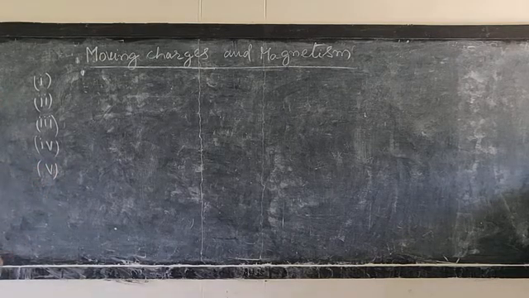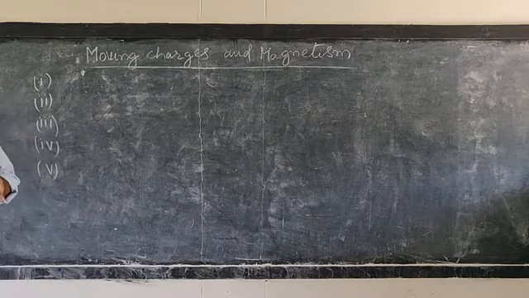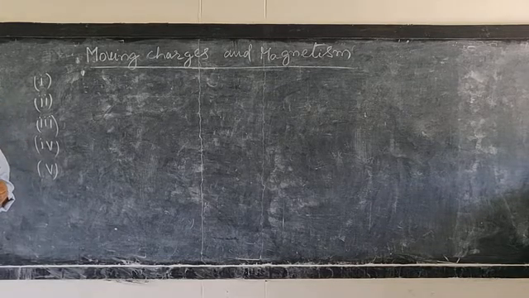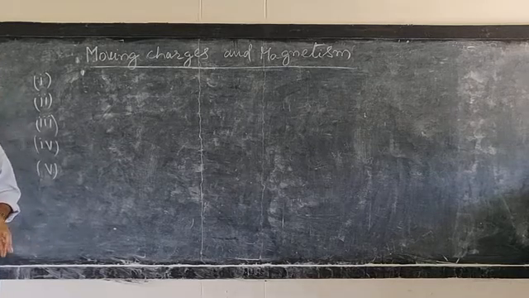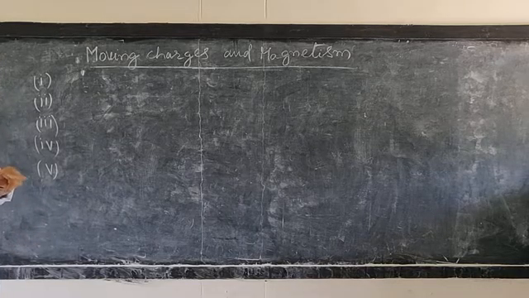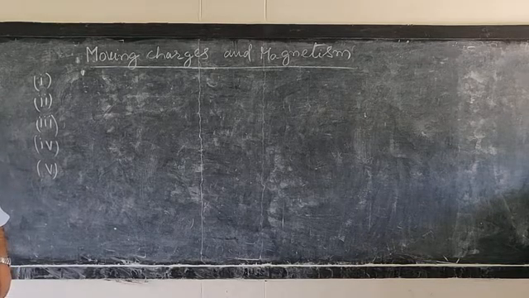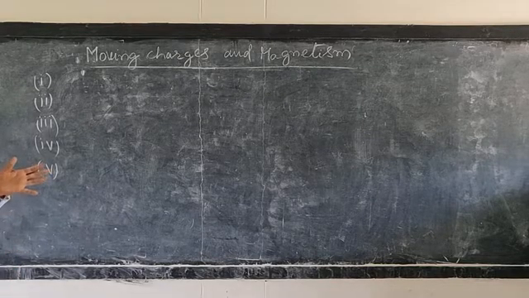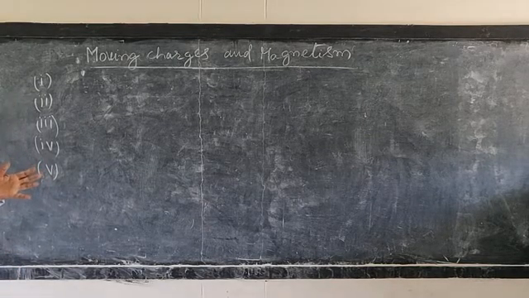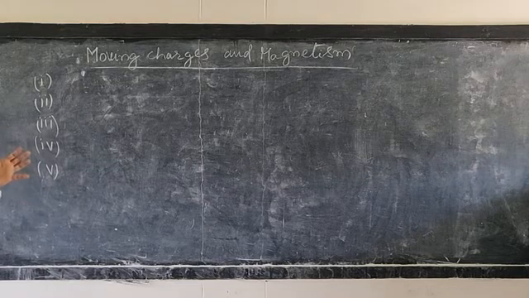Another difference is that electric fields are in the radial direction, that is, along the direction of the position vector. Whereas magnetic field will be perpendicular to both the current element vector and the position vector. So, the magnetic field depends upon the angle between the position vector of the point from the source and the current element.